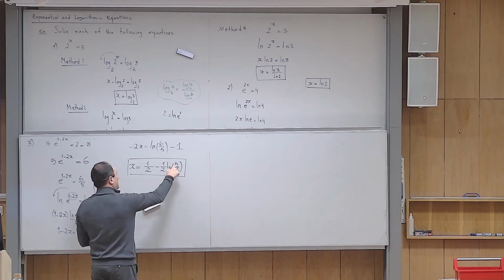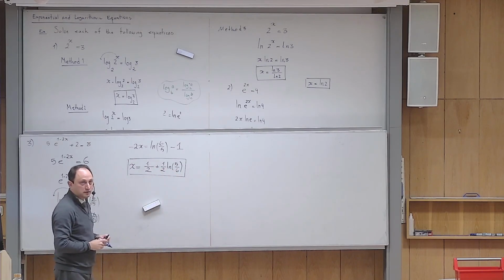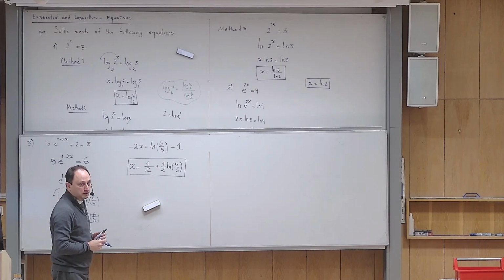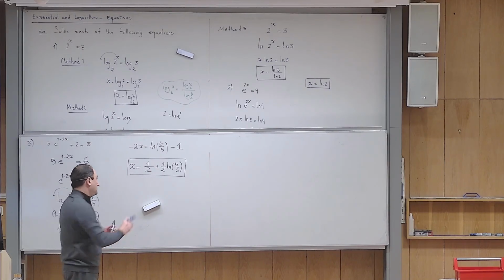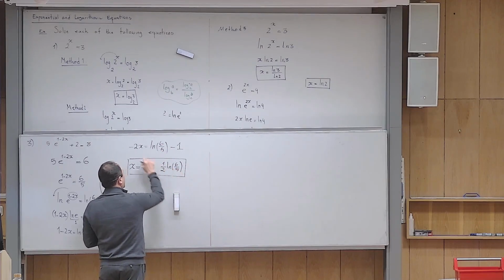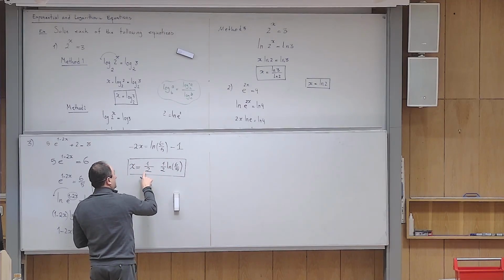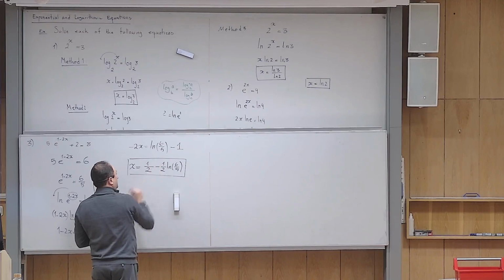But do you agree with me, if I write 5 over 6, I can turn it to a plus? Yeah. So let me write it first correctly. Yes, this is 6 over 5. So let me write 6 over 5. I divided everything by minus 2. This becomes positive 1/2. This becomes negative 1/2.